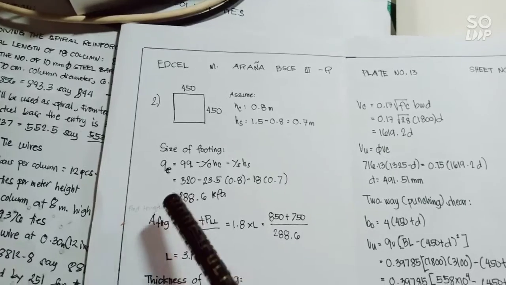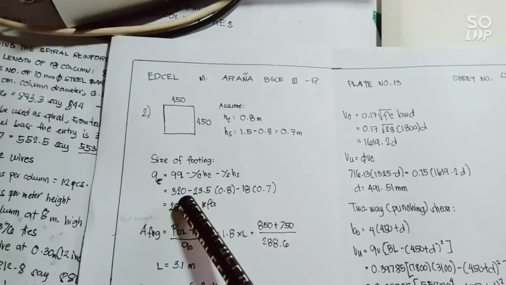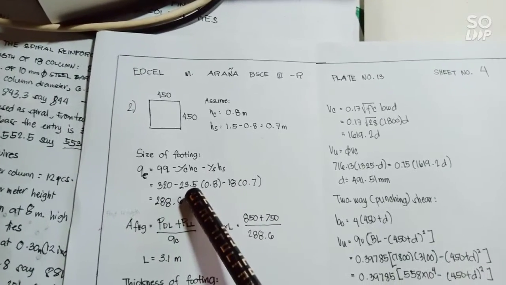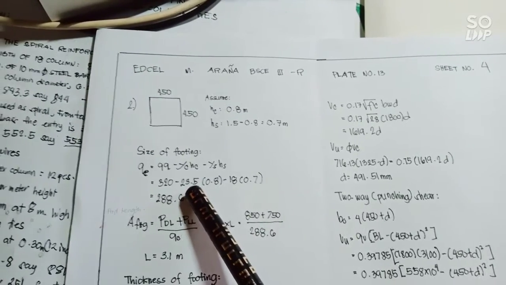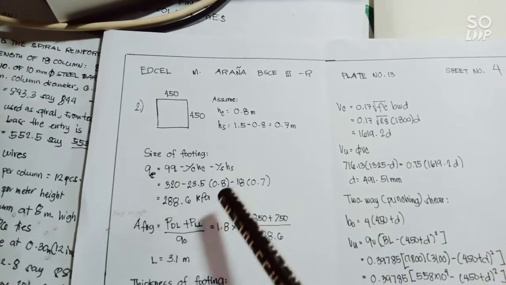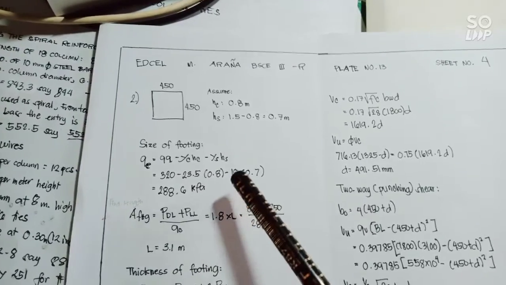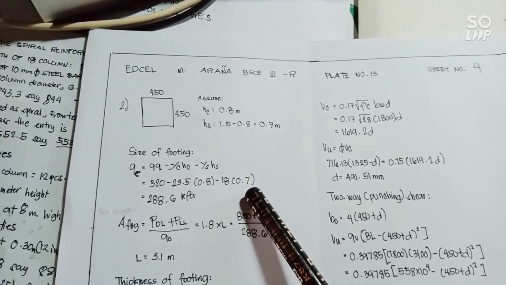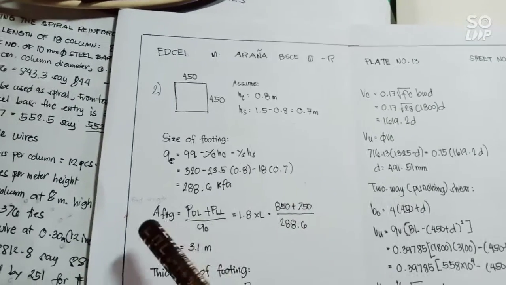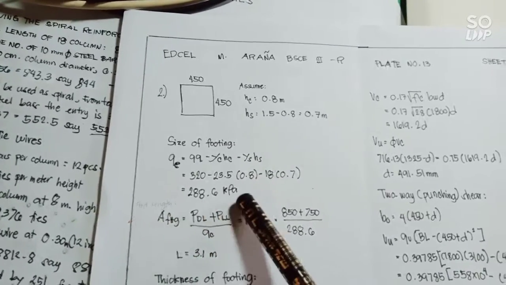So substitute: the allowable soil bearing capacity is 320 minus the unit weight of the concrete, 23.5, times the total depth of the footing, which is 0.8, minus the unit weight of the soil, which is 18 from the problem, times HS, which is 0.7, the height of the soil above the footing. So our effective soil bearing capacity is equal to 288.6 kilopascal.